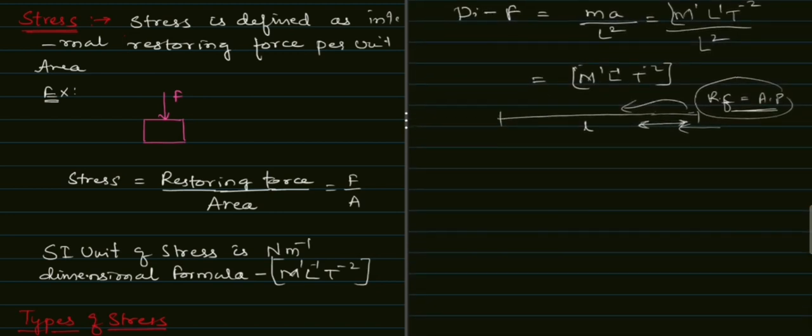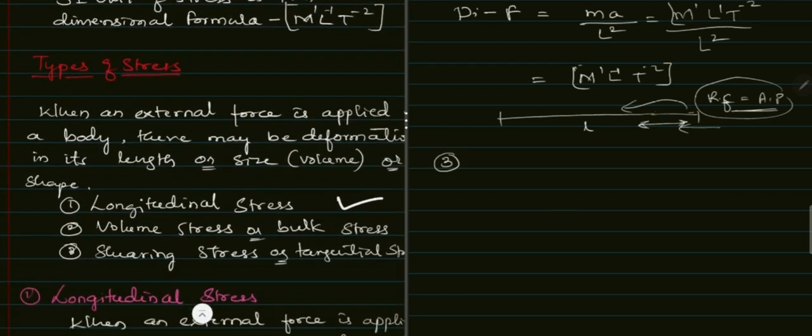So here the stress has three types. It means we divide it into three types. How are we dividing? We are dividing on the basis of the applied force. When an external force is applied on a body, there may be deformation. It means there may be changes in the body.